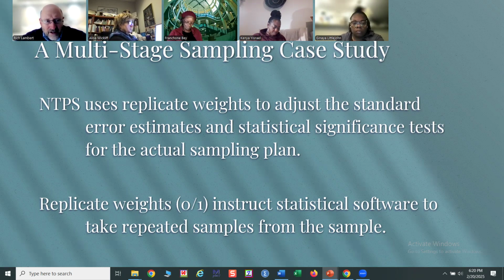They're complicated procedures, but basically what replicate weights are is zeros or ones. Everybody in the sample has a 0 or a 1. And those are instructions to statistical software that allow it to take repeated samples from the sample and to generate through simulation what the real margin of error is.